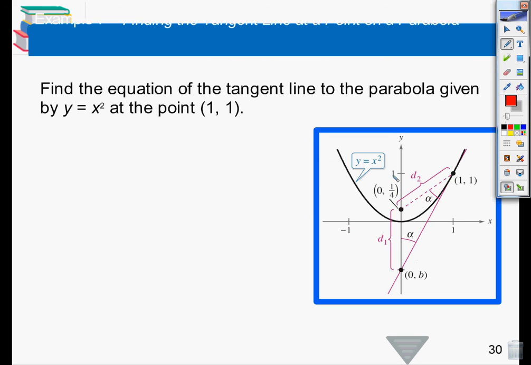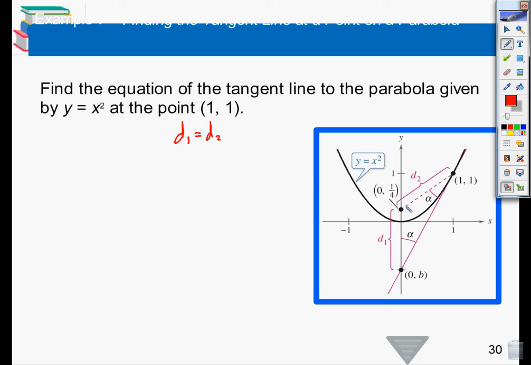Now, I am not going to go through this entire example with you, but I am going to give you some key information. I will give you the fact that there are specific distances from the focus to whatever point we're looking for the tangent line, as well as from the focus to the y-intercept of that tangent line. And that distance 1 and distance 2 are equal.